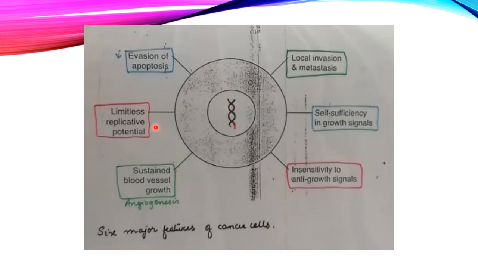That means that they can replicate beyond limits. There is no end to the replication of cancer cell. So therefore, cancer cell is considered as immortal. It can divide, divide, and divide. And another feature of cancer cell is that there is no apoptosis or programmed cell death of cancer cell. Therefore, cancer cell can survive for a longer period of time.